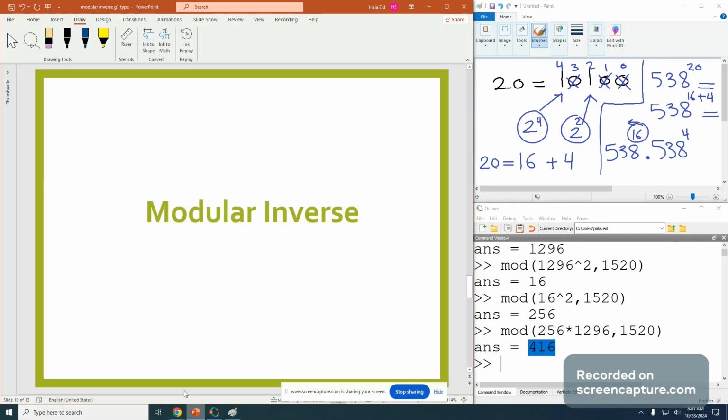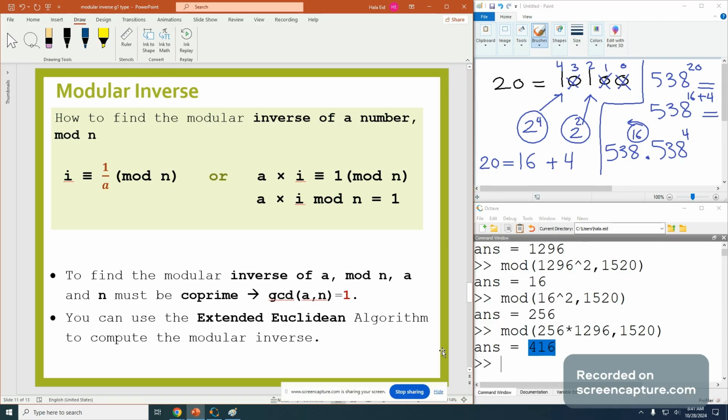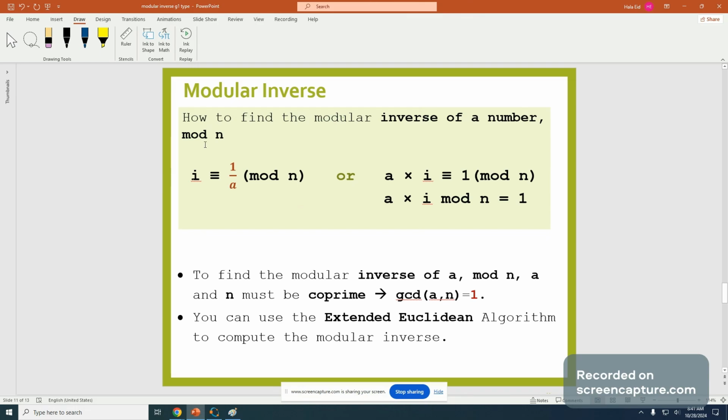Now let's get to the last part, which is the modular inverse. If we want to find the modular inverse of a number a mod n, call it I, this is the same as saying a times I is congruent to 1 mod n.